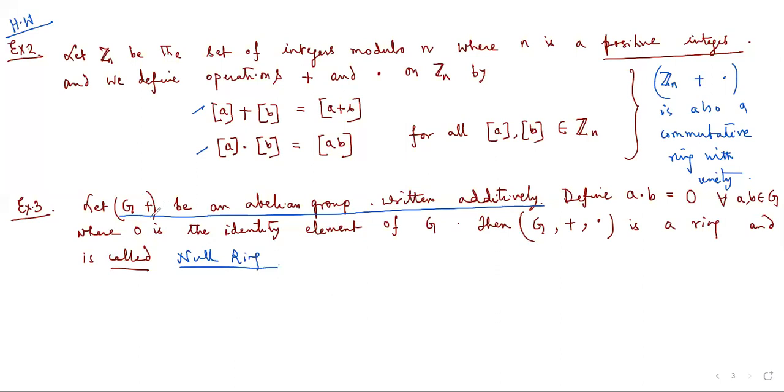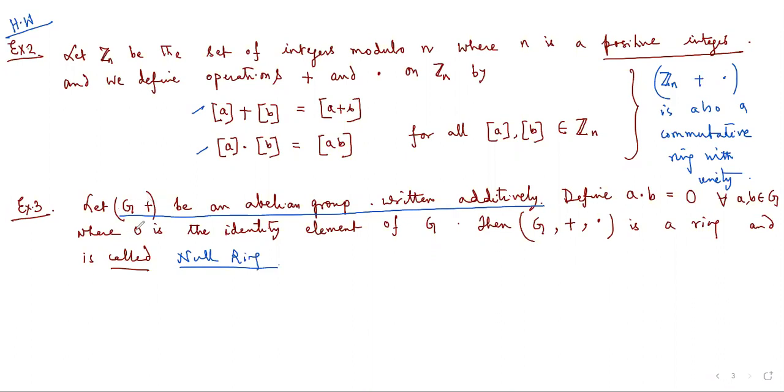By usual operation of addition, I actually mean the operation of addition that we use in number theory. Other operations of addition are also there. In matrix theory, when we add two matrices, that addition is not the usual operation of addition.